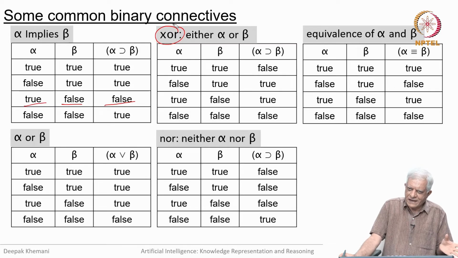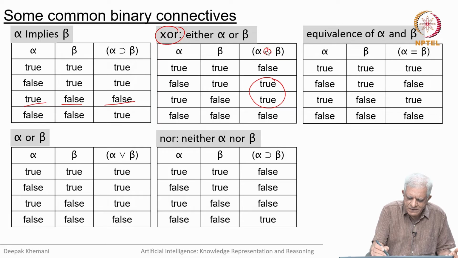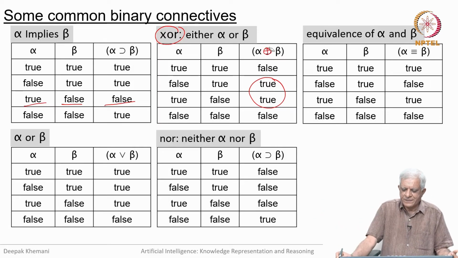When we in language say OR, we often mean XOR, which means either alpha is true or beta is true, but not both essentially. And the table for XOR shows that, look at the cases when alpha, okay, so there is an error here, this should be XOR. The symbol for XOR is this thing.